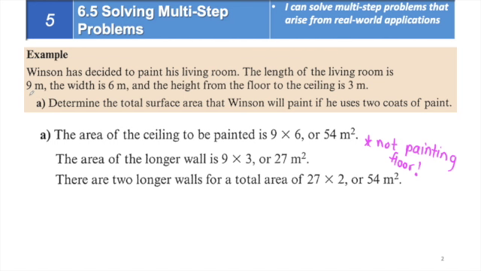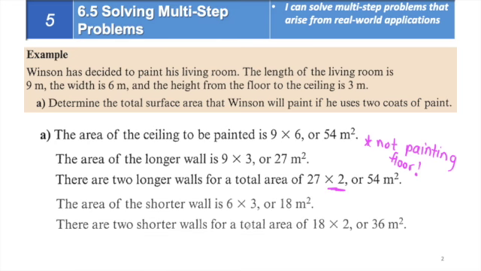So your length times your height of your wall is 9 by 3 or 27. But because you have 2 longer walls, you're going to times that by 2. So you have 54 meters squared. And then two of the shorter walls, so 6 by 3, because that's your width and the height. So 6 by 3, which is 18 meters. There are 2 shorter walls for a total area of 18 times 2, so 36 meters.